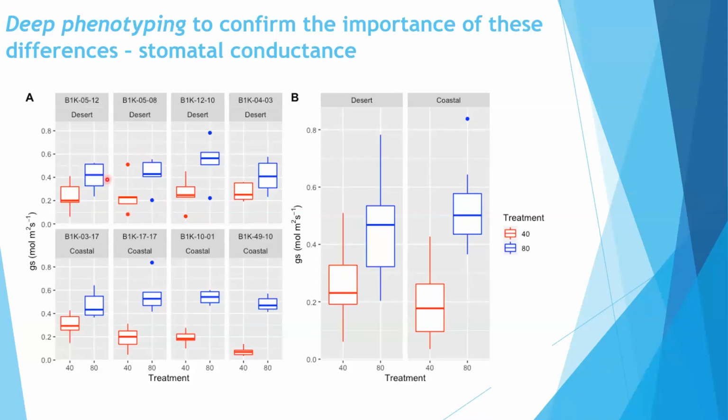In these plots you can see the individual varieties, but we've grouped the data into desert and coastal. This is stomatal conductance, again the rate at which water is leaving the stomata. If we compare 40% water availability to 80%, we see a much stronger reduction in this trait in coastal varieties than in desert varieties.